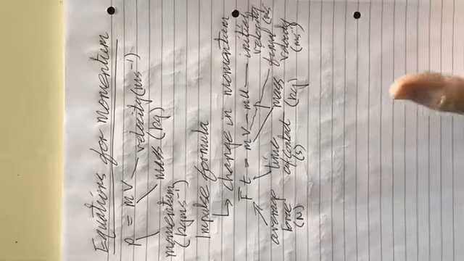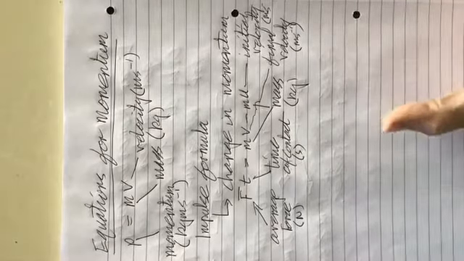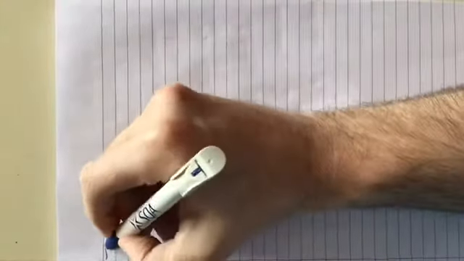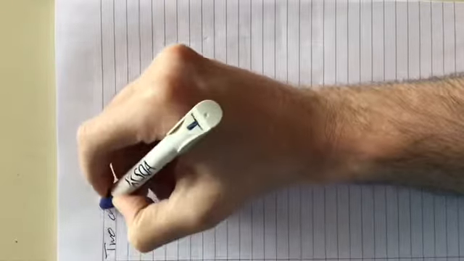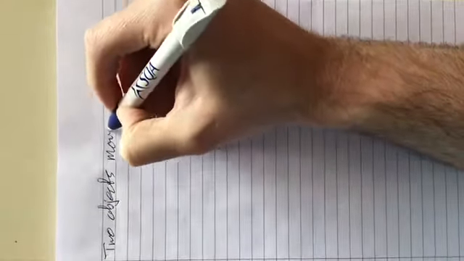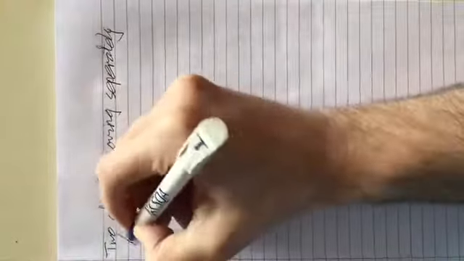There are three more equations which I'm going to detail on the next page, each one for a classic situation in momentum. So first off, we have two objects moving separately from each other.